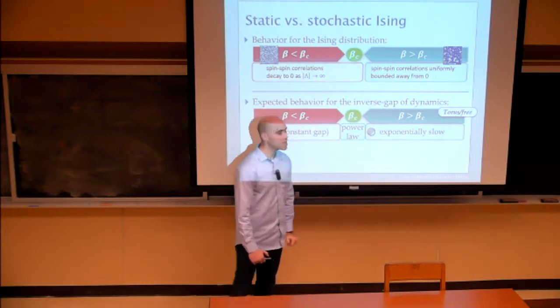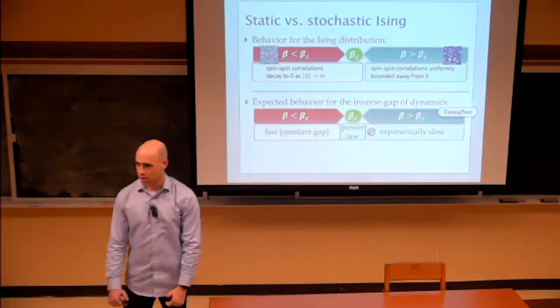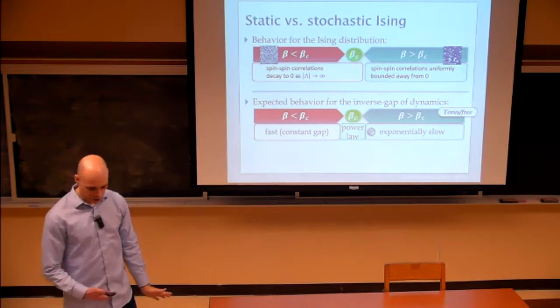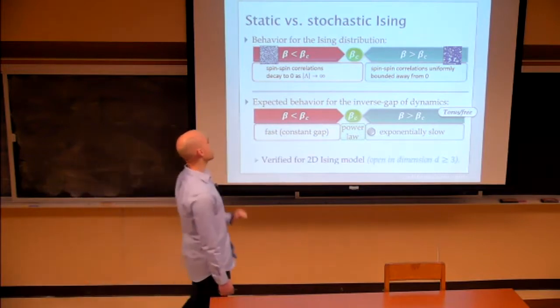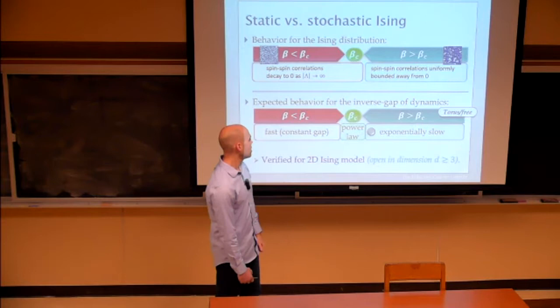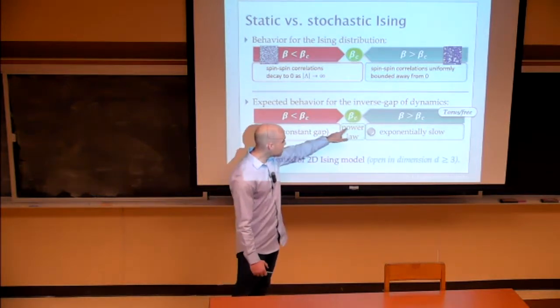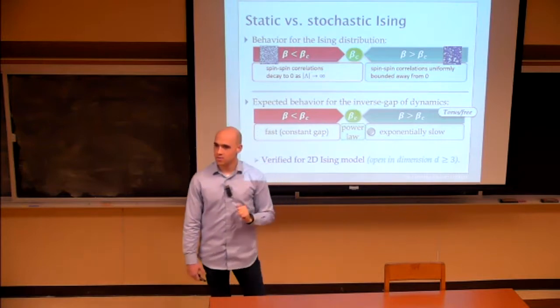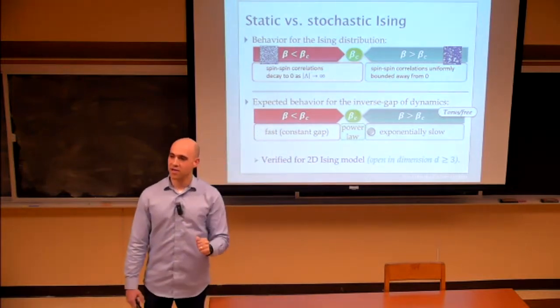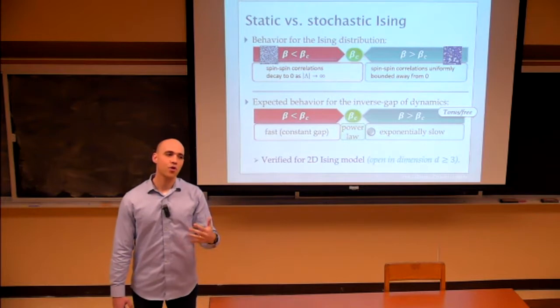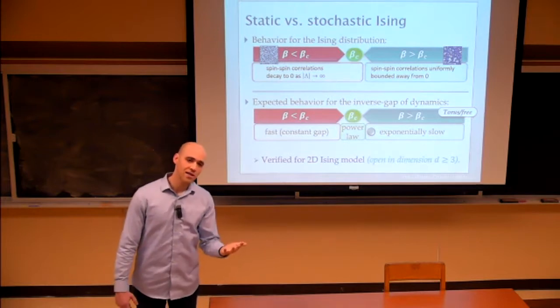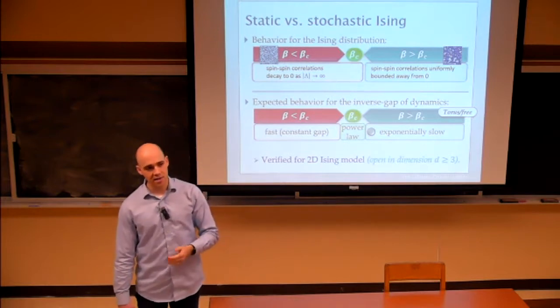And at criticality, you should have a power law. That is the conjecture, and it is more or less verified for the 2D Ising model. We do not know the right power here. And here, actually the power, and that's something nice about it, is supposed to be universal. It should not matter if you have a square lattice or a triangular lattice.